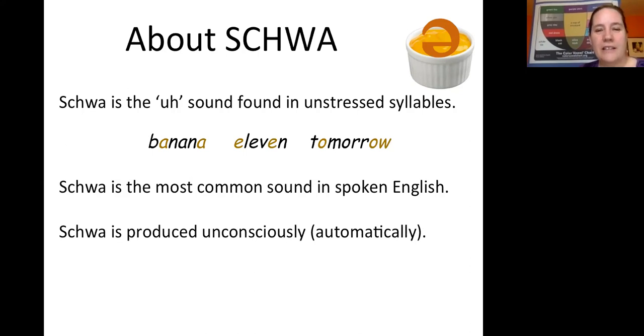So schwa is an unconscious or automatic sound that we make. We don't know most of the time when we make it. It's the byproduct, or goes hand in hand, with the fact that English is a stress-timed language. English is a stress-timed language. English is... so I'll show this from the side. And I use the open hand from the side to convey where the unstressed or schwa behavior is.